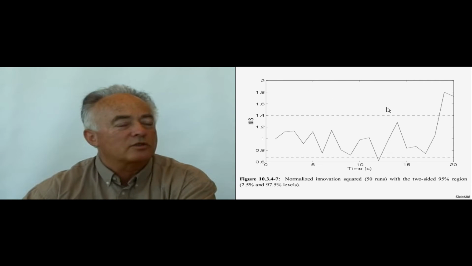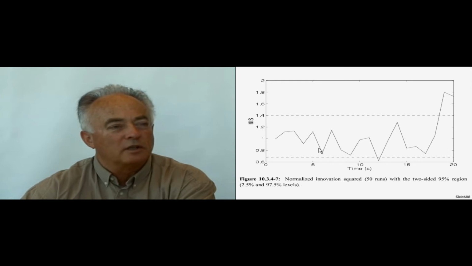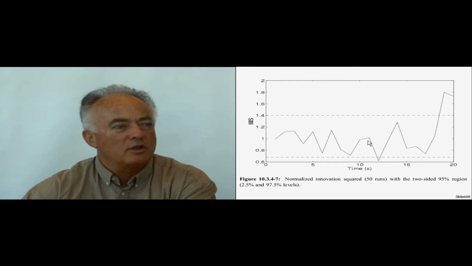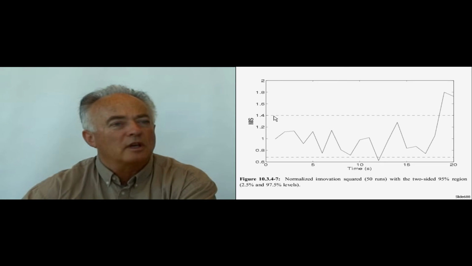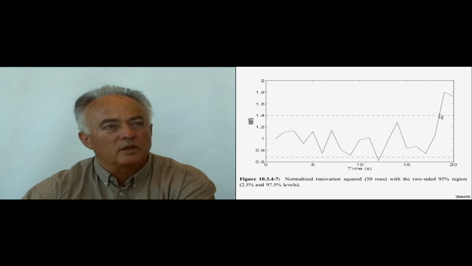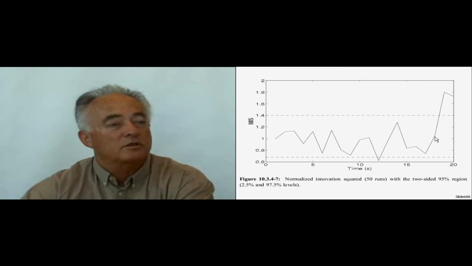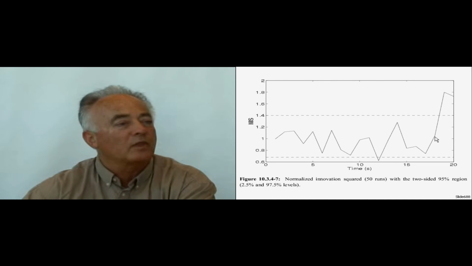The innovations, interestingly, exhibit more or less the opposite thing. Early, they stay within the region. It's a 1 degree of freedom chi-squared times 50 and divided by 50, so on the average it is 1. It's between 0.7 and 1.4 roughly, and by the end things are outside. So we do have some problem with the nonlinearities in this situation.